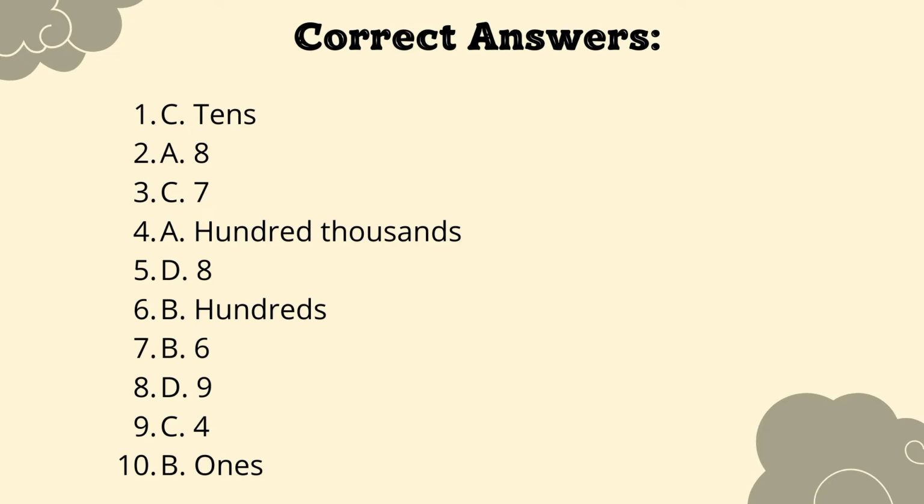Number 5, letter D, 8. Number 6, letter B, hundreds. Number 7, letter B, 6. Number 8, letter D, 9. Number 9, letter C, 4. Number 10, letter B, ones.